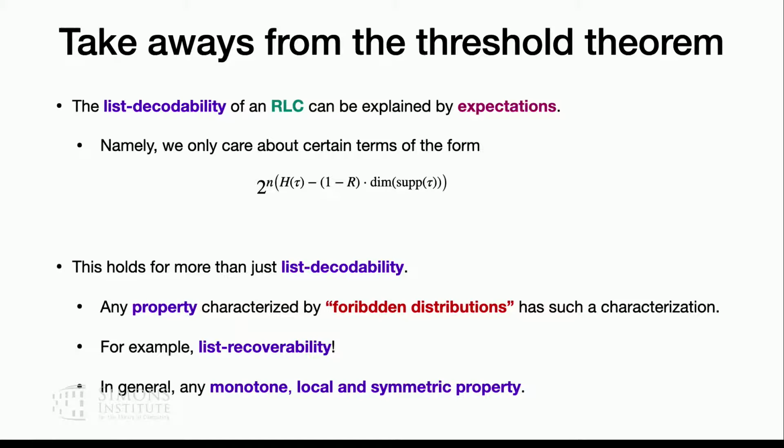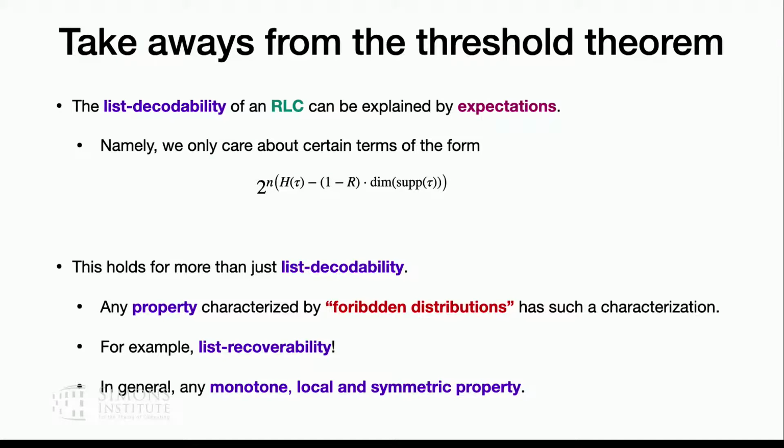But this holds for more than just list decodability, right? Because what did we really need from this? In doing any of this, we didn't really delve into the semantics of list decodability. We needed two things from list decodability. One is that there are short witnesses.